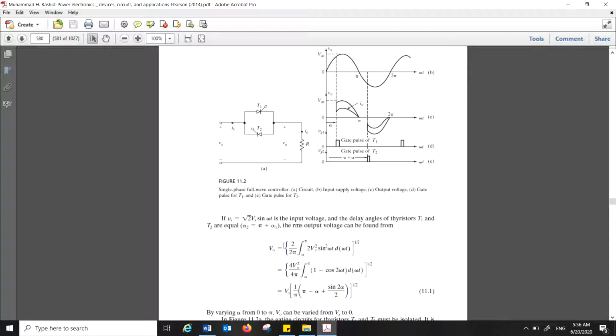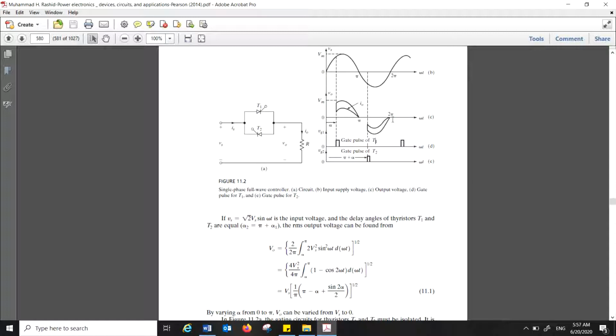And this 2 comes from, it's very interesting, since we are interested in the area under the curve, and our active area is from alpha to pi. Since it's squared, the negative part also becomes positive, it goes to the upper side.